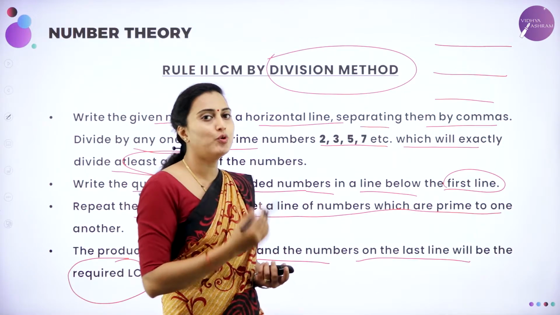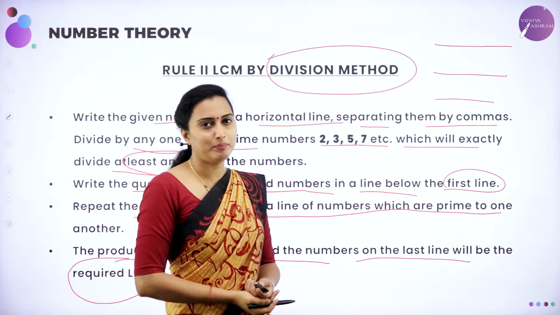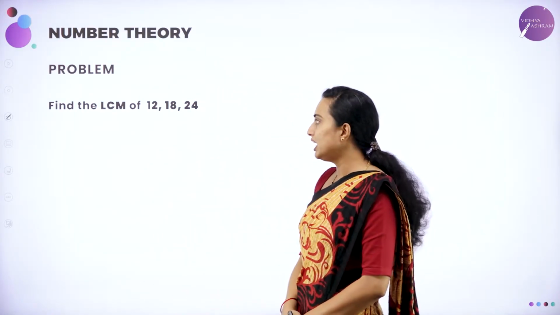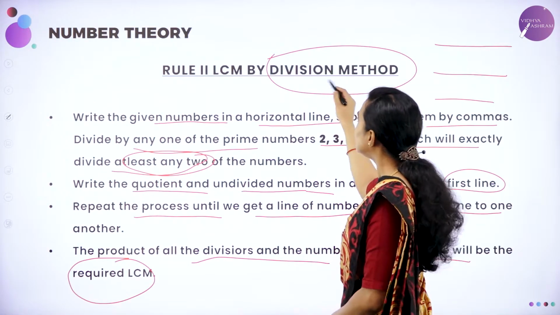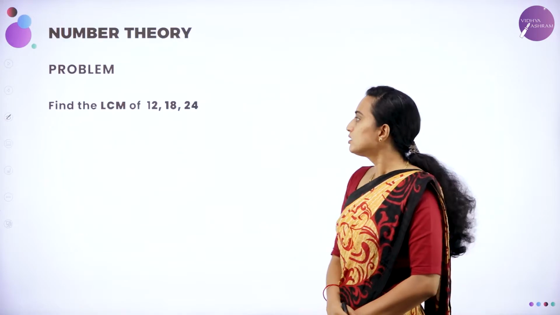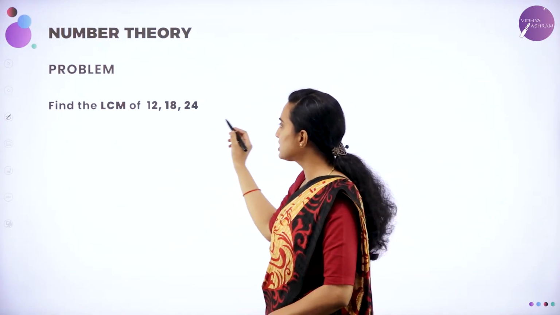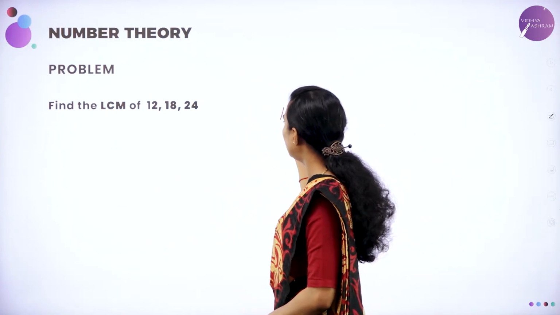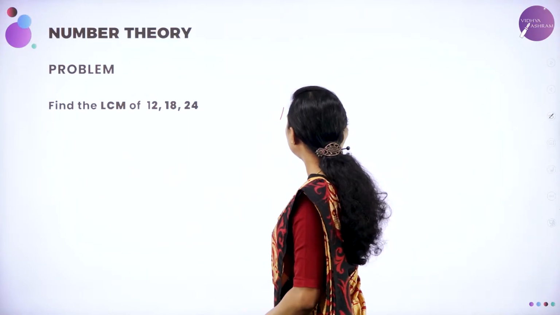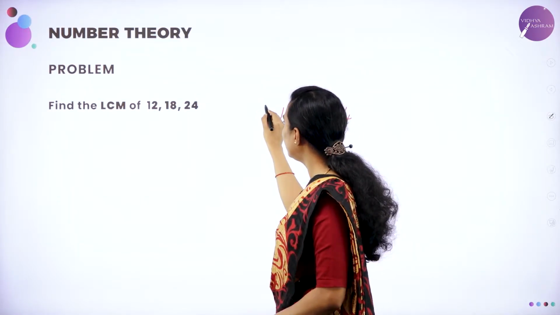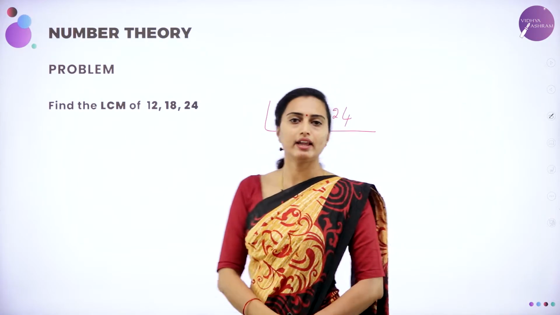Now, let me move on to the question, how we are going to find it. Here I have chosen: find the LCM of 12, 18 and 24 by which method? By the division method. Okay. So, by the division method, see, 12, 18, 24. You are going to write the horizontal line like this.